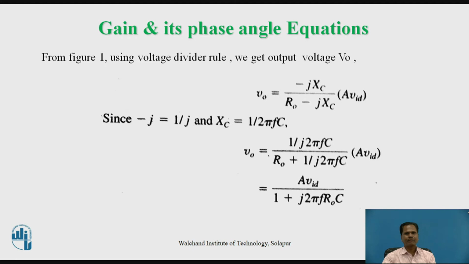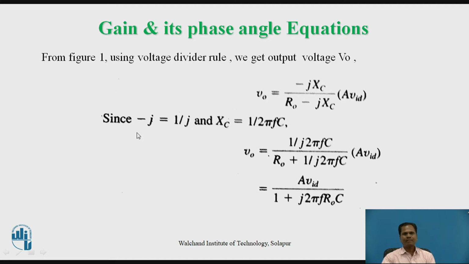Using the voltage divider rule, let us get the expression for output voltage VO. VO equals the reactance of the capacitor, minus J XC, divided by the total impedance of Rho and C, that is Rho minus J into XC, multiplied by the total voltage applied to Rho and C. So Rho and C act as a voltage divider, and the voltage appearing across capacitor C is the output voltage, which is a part of A into VID.